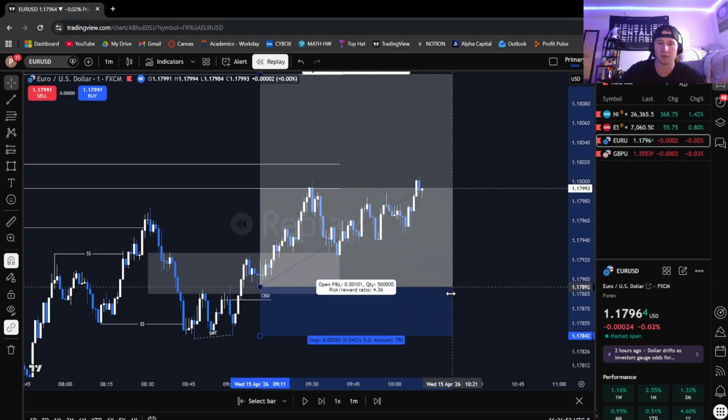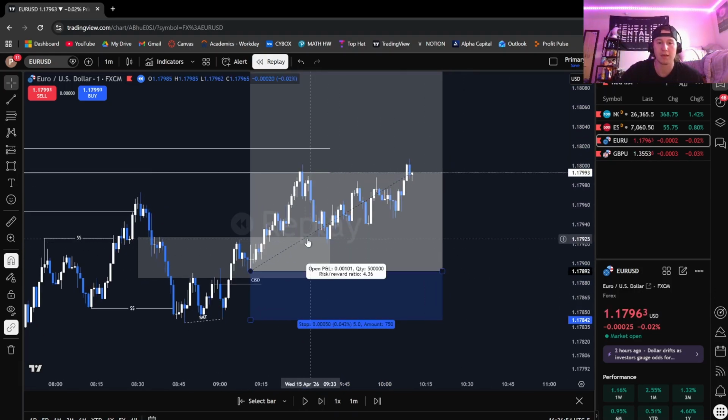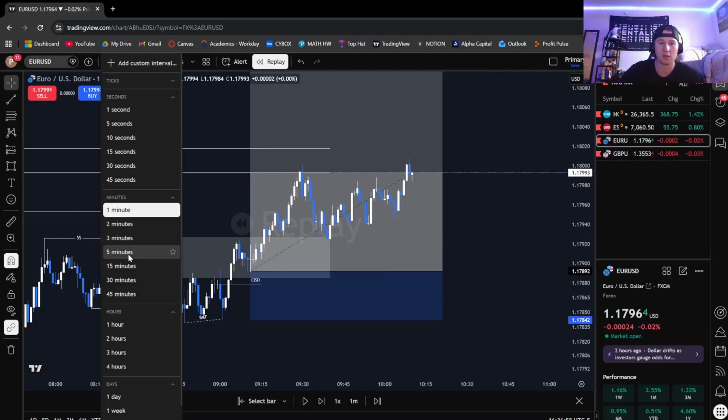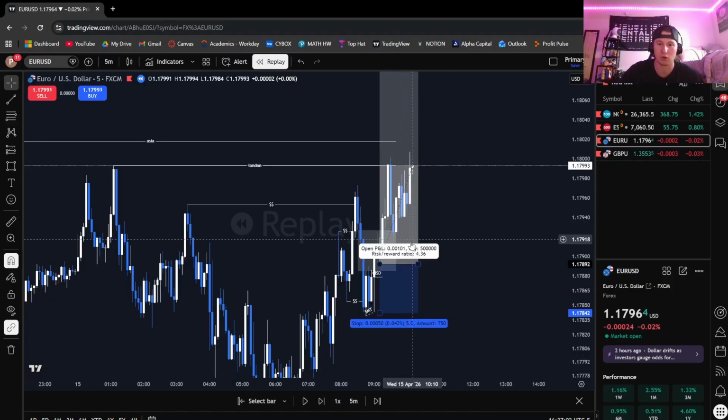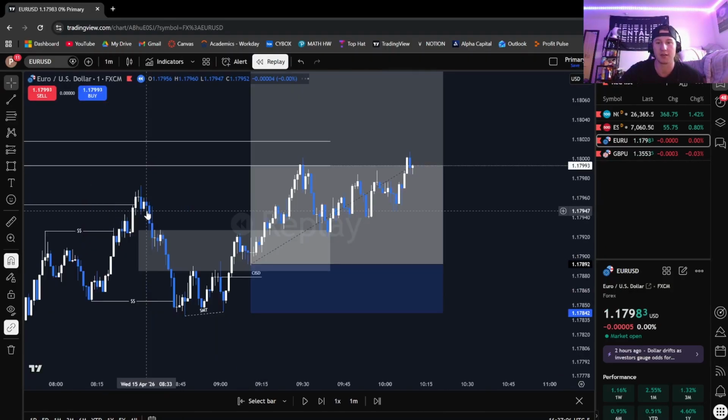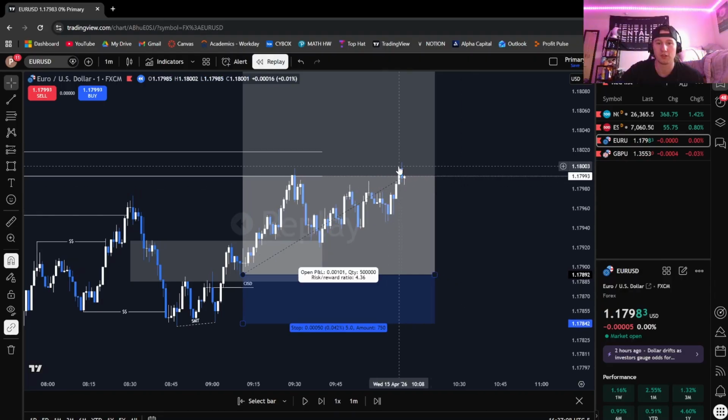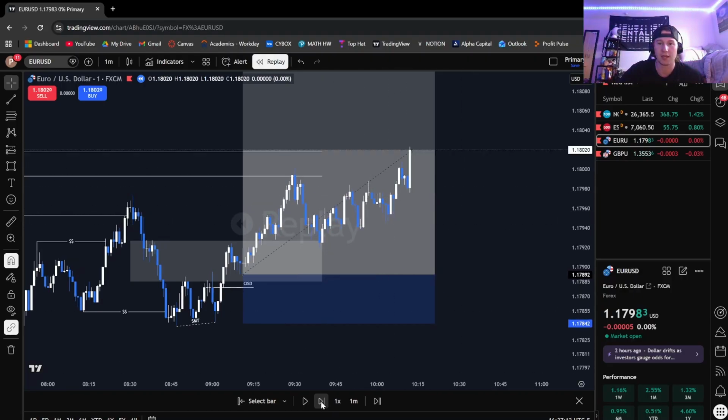And so I was actually in this play for a while, but I kept my stop around these areas just to keep in mind that this 5-minute gap might hold and might get tapped into. So my stop was somewhere in this range at this point, so I almost got stopped, but I didn't. Once we took this high, I moved my stop to these lows, and then you can see price kept going.